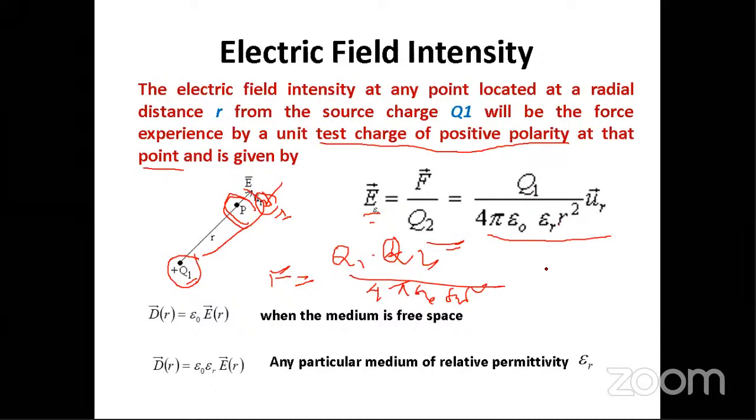The unit of electric field intensity is generally represented as volt per meter. Now this is your task: how do we get that electric field intensity is volt per meter? From the definition, electric field intensity is basically force.